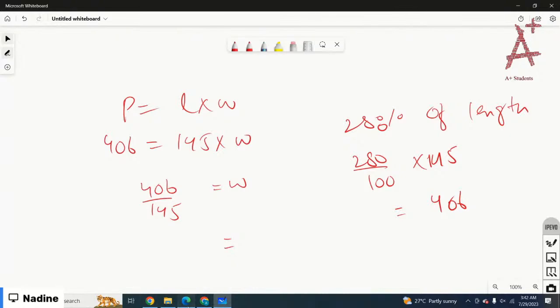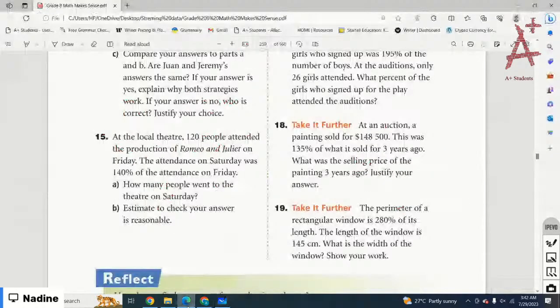Hmm, the perimeter is 280% of the length. 280% of 145.